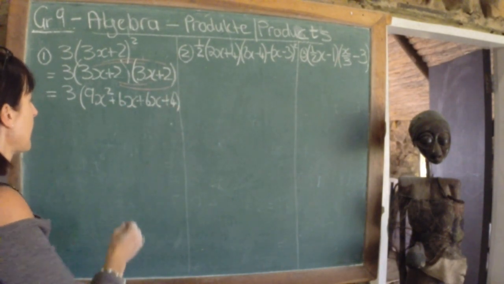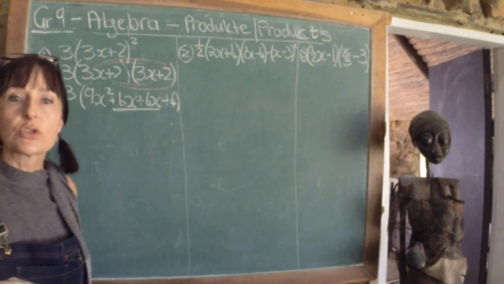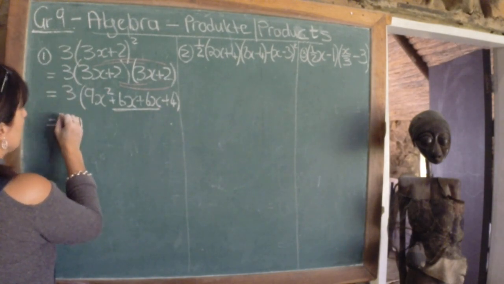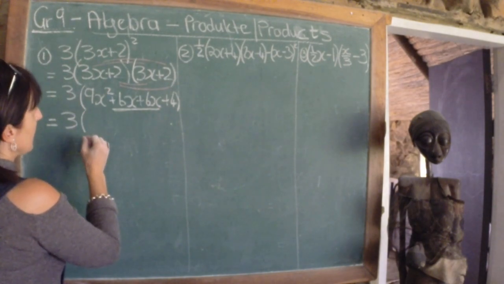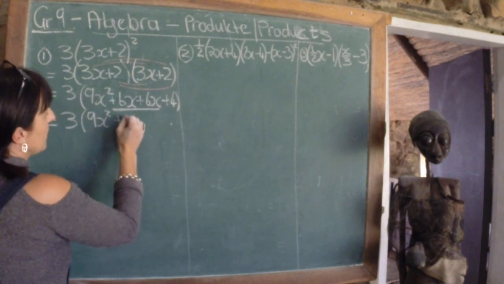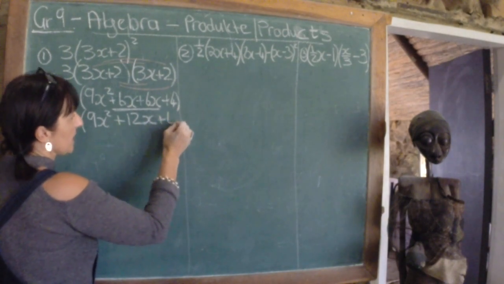As jy in jou hakkie kyk, dan sien ons dat die middelterme dieselfde is, so ons kan hulle bymekaar tel. So let's add them up. It's 6 plus 6 of the same thing, so ek het 12 van dieselfde goed en dis x plus 4.